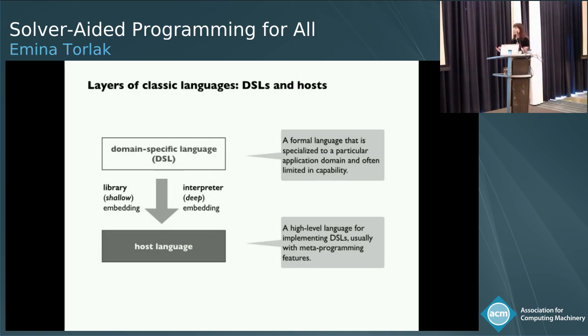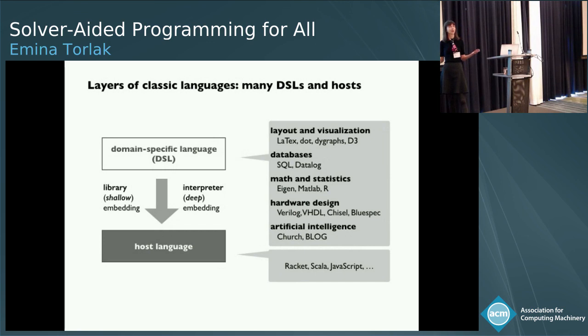It doesn't actually matter. And I build it by writing an interpreter or a library, so either a deep or shallow embedding in some kind of host language. And the host language is usually something that has metaprogramming features, so something like Racket or Scala or JavaScript and so on. And here are many examples of domain-specific languages, some of which I think most of you have used at some point.